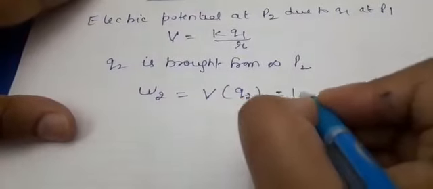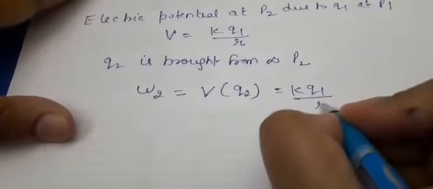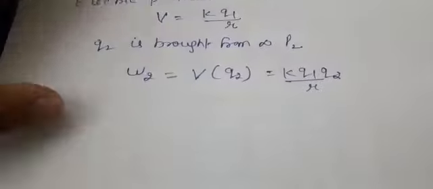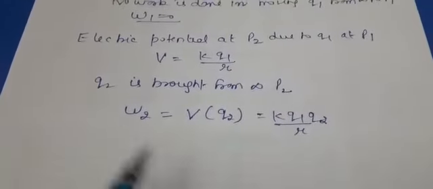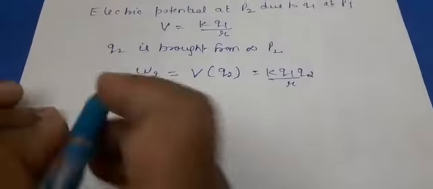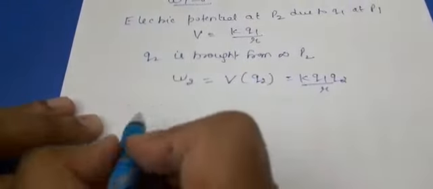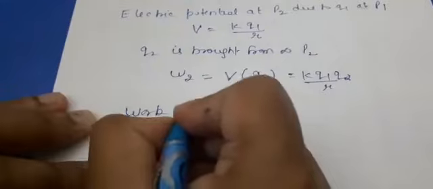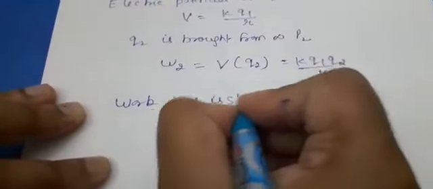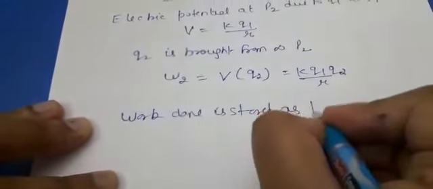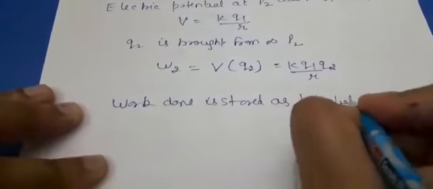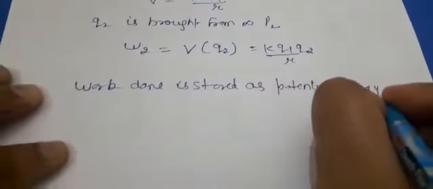So now substitute the value K Q1 by R into Q2. This work done is stored as the potential energy of the system.